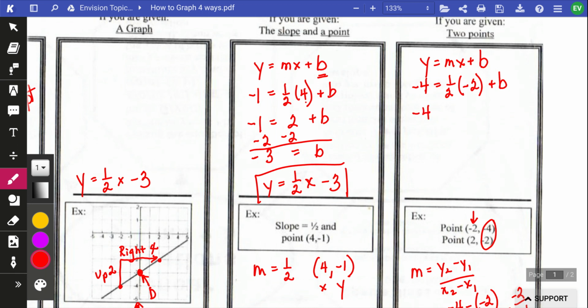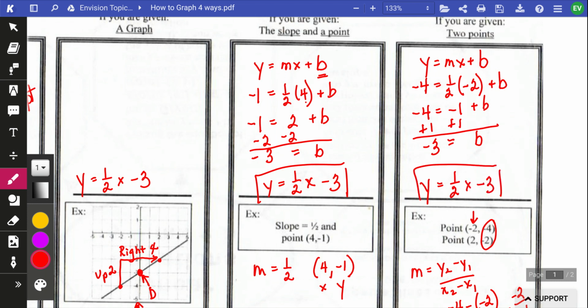So -4, half of -2 is -1. I'm going to add 1 to both sides so that I can solve for b, and that's -3. So y equals 1/2 x minus 3. Okay? And that's how you come up with those equations.